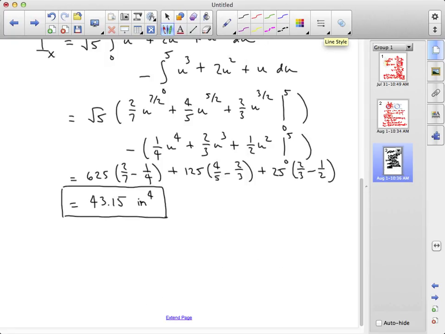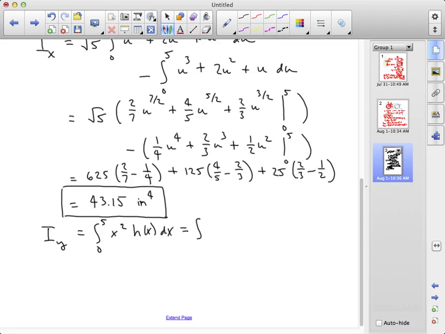By comparison, our evaluation of Iy is relatively straightforward. We already have y as a function of x, and now we're integrating over x from 0 to 5 inches. X tilde is just x, so x tilde squared is x squared. And the height is just the difference between the top and bottom bounding curves, y as a function of x.